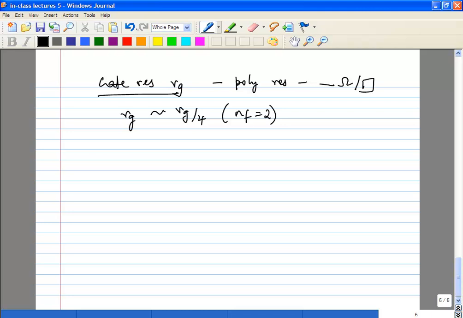Typically you define it as a sheet resistance. So in general it would be proportional to 1 over the number of fingers, some function of it, inversely proportional to that.